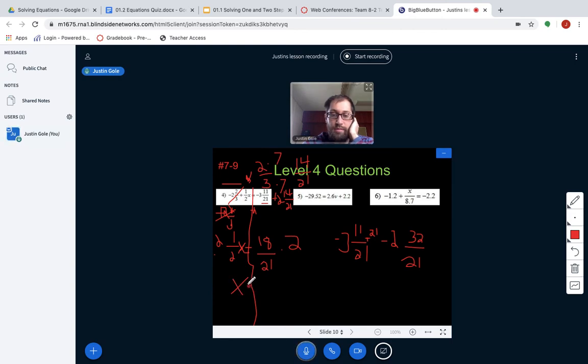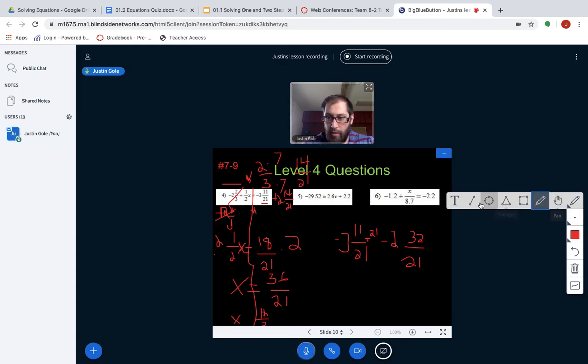X equals, I'm going to multiply both sides by 2. 36 over 21. X equals, I can divide both those by 3. 12 over 7. So I'm going to write that out right here because it's a little messy.